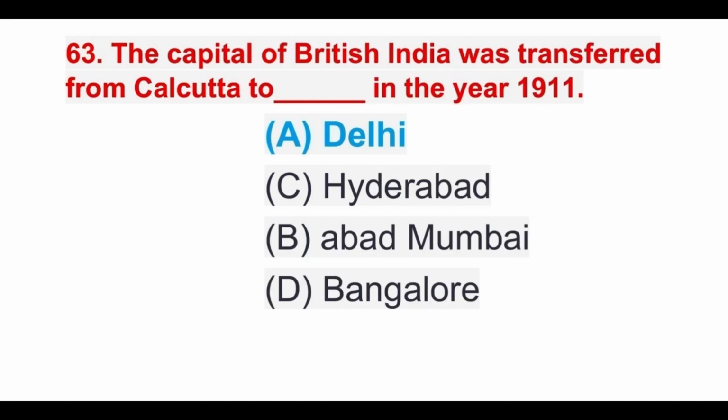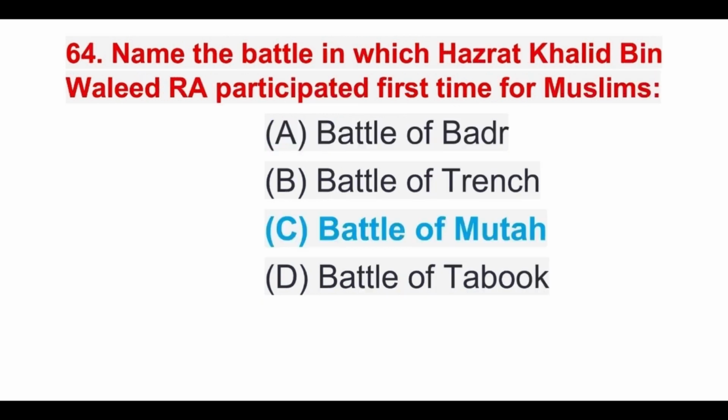Question number 63. The capital of British India was transferred from Calcutta to underscore in the year 1911. That answer is Delhi. Question number 64. Name the battle in which Hazrat Khalid bin Walid participated first time for Muslims. That answer is Battle of Muta.